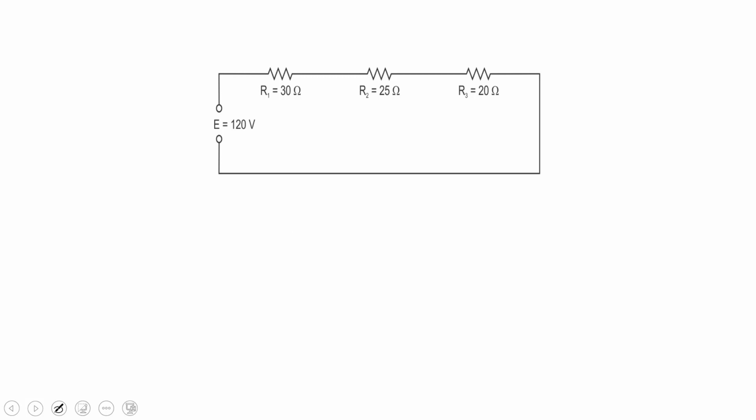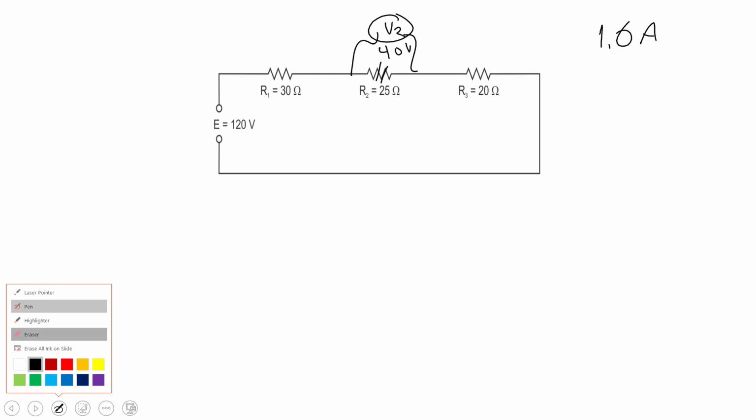So just one other concept here. In this circuit, we had 1.6 amps flowing. If I were to put my voltmeter across one of the resistors, so V2 here, I would get its value, which was 1.6 times 25, 40 volts here. Now if this were to become open circuited or break right there, that voltage would rise across the break.